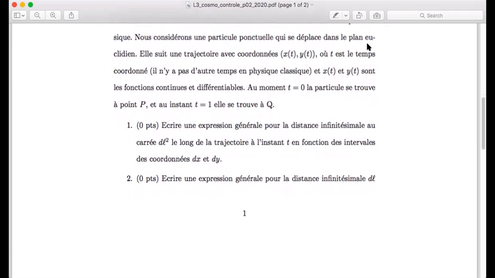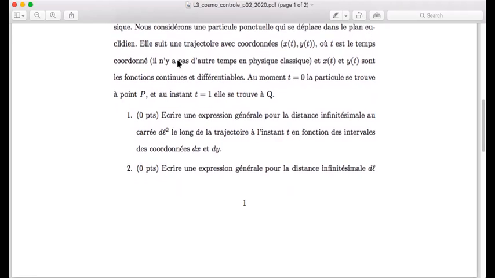The Euclidean plane is a manifold, though we didn't normally think of it that way. It's just a flat Riemannian manifold. Our particle follows a path or trajectory with coordinates x and y in our coordinate system, but those coordinates are functions of time, or some parameter t, which we interpret as the time coordinate.